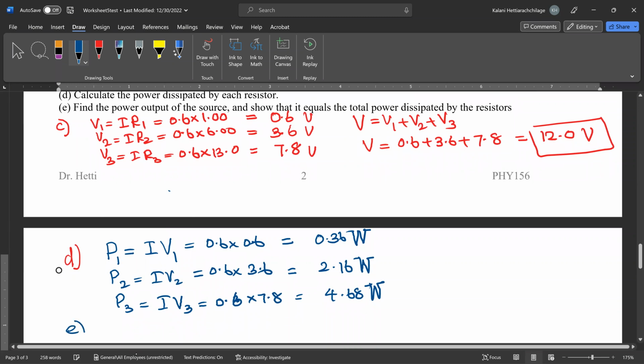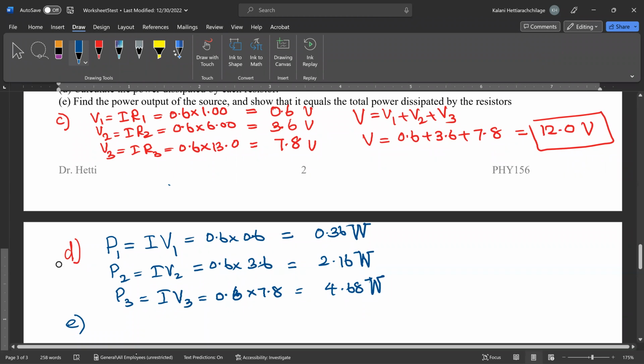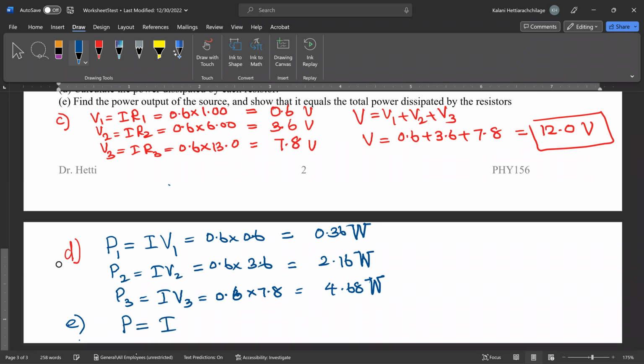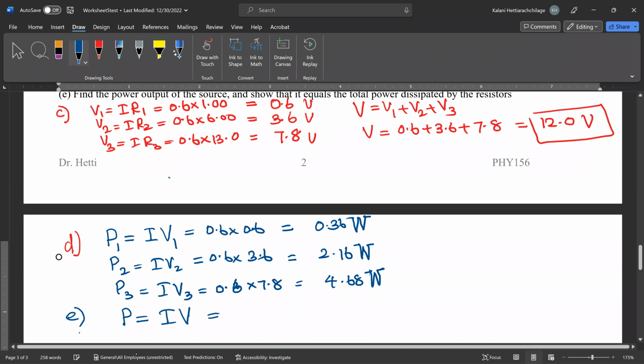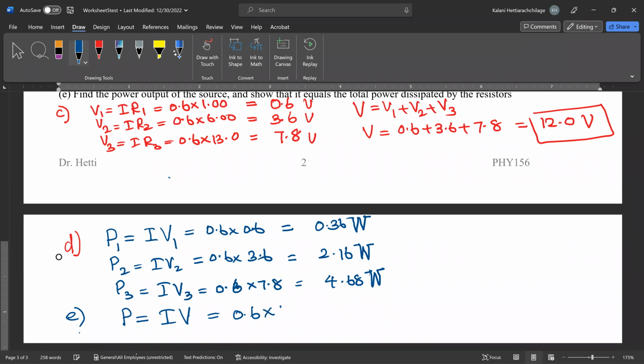And then E, find the power output of the source and show that it equals the total power dissipated by the resistors. Now you know that power from the source equals current times the voltage of the power supply, right? So that is 0.6 times 12. So that will give me 7.2 watts from the power supply.